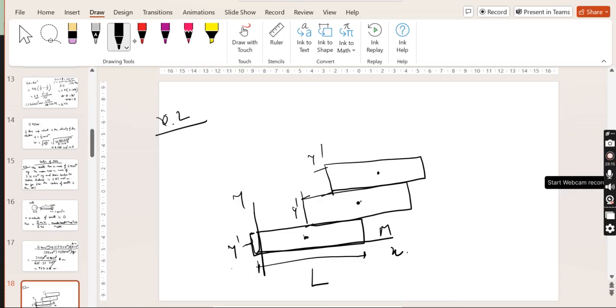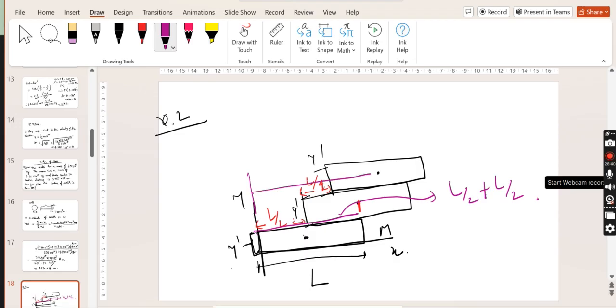So this distance is L by 2 and this distance is L by 4. So basically this distance will be L by 2 plus L by 2, and this distance will be L plus L by 4.